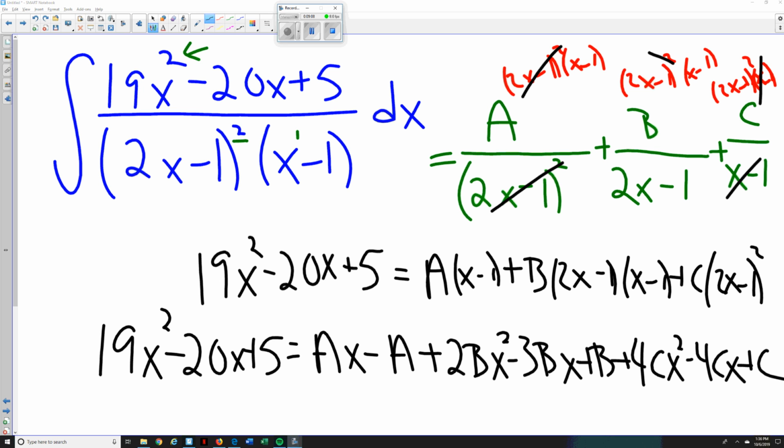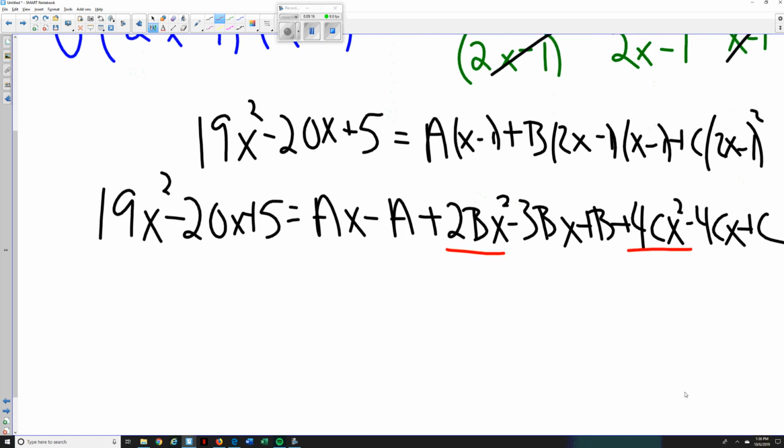And now notice we can put these together. We have an x squared here and an x squared here. So let's write this out. We have 2b plus 4c equals 19. I wouldn't color code all these. All right, and so then let's look for the x's. We have this one and this one and this one.